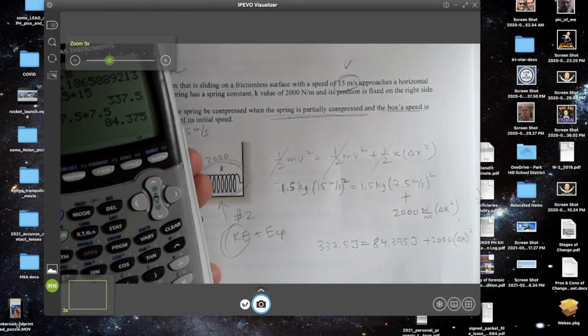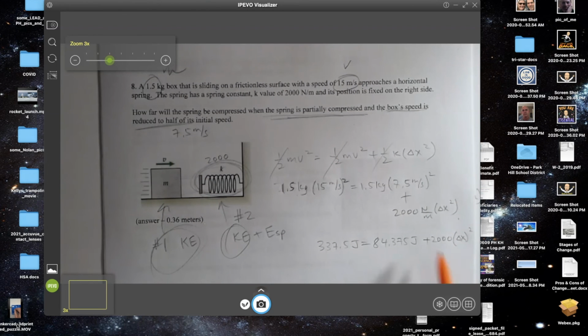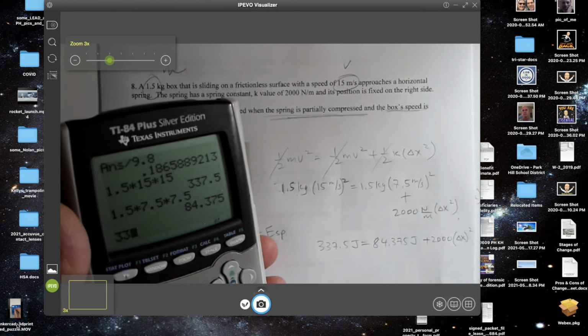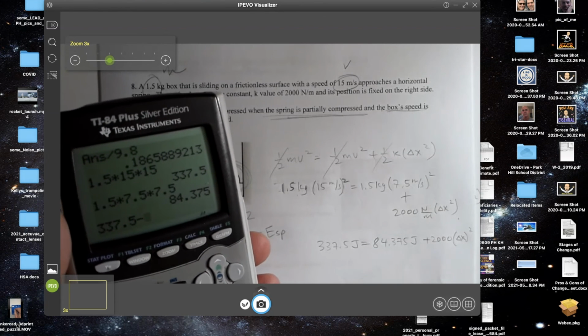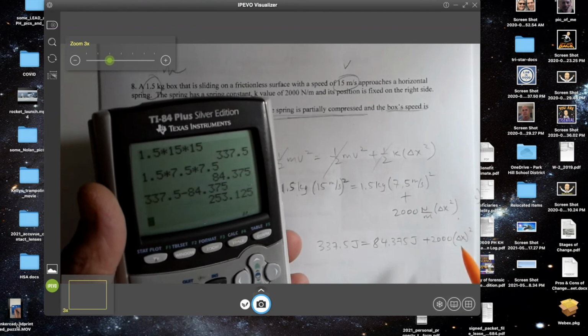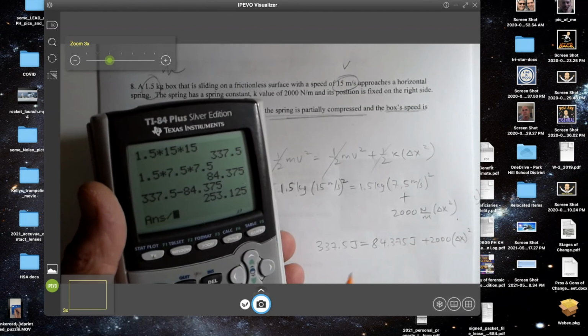And make sure that's all in there. Okay. So I'm going to take my 337.5, subtract 84.375 from it. I'm going to divide that by 2,000.